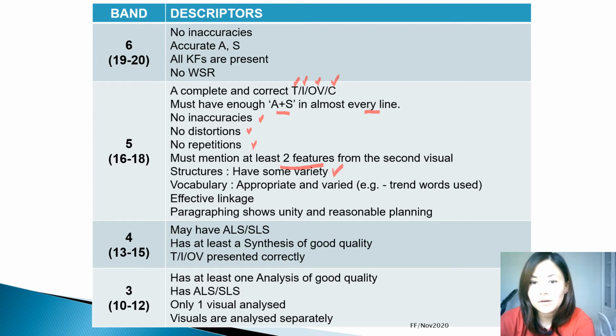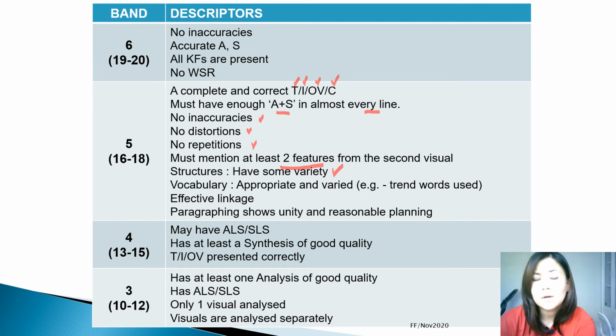Language appropriate and varied. Try to demonstrate the language that you know by using appropriate trend words, the trend words that we have learned together. If it is not a trend word, don't use it. If you are suspicious, thinking, hey, is this accepted or not, don't use it. Use the ones that you are confident with. Demonstrate that you know a variety of trend words.